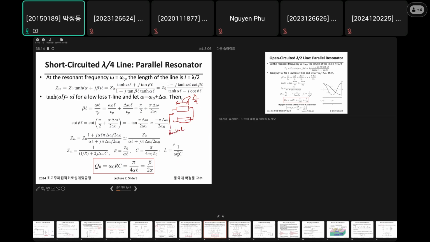We can do exactly the same way. Since GL is 0, you get this expression, and this is exactly the same as what you've done. The only difference is when you calculate this, here L is lambda over 4 instead of lambda over 2.